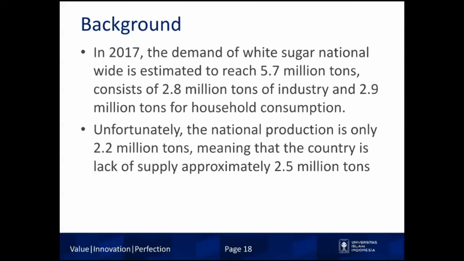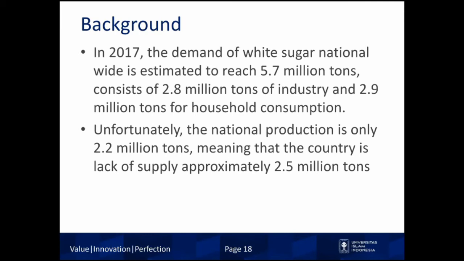Okay, so this is the background of the research. So in 2017, the demand of the white sugar nationwide is estimated to reach about 5.7 million tons. That consists of 2.8 million tons of industry needs, and 2.9 million tons for household consumption.